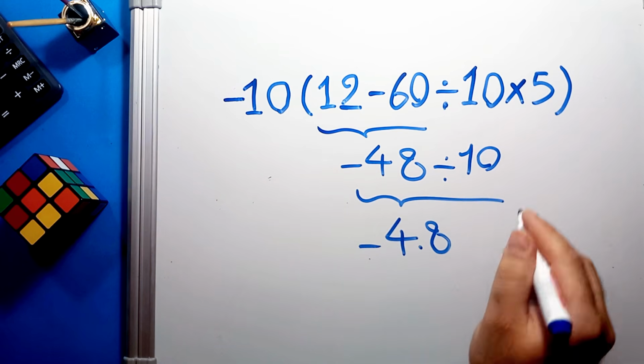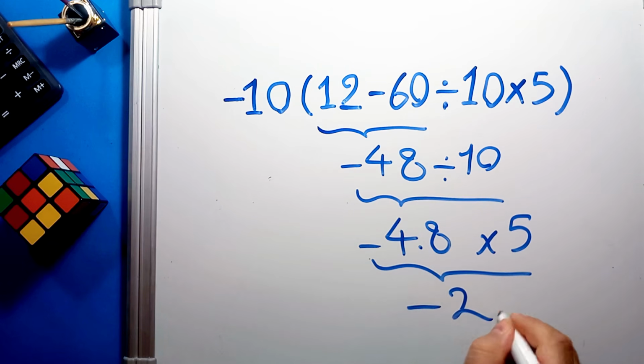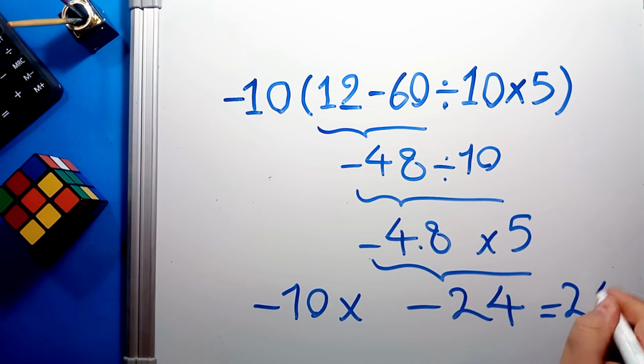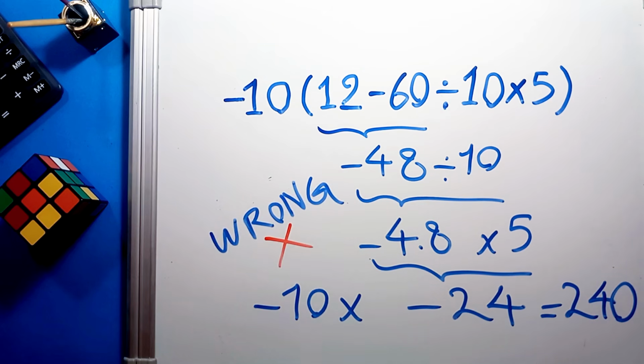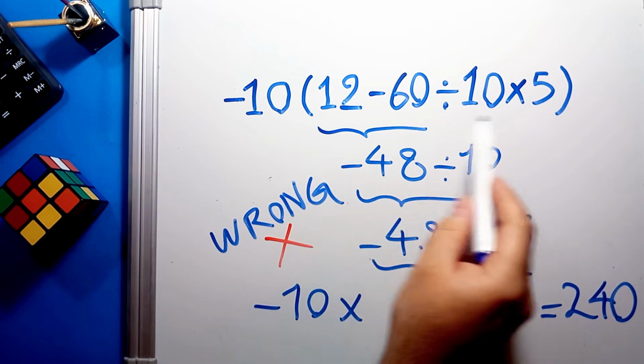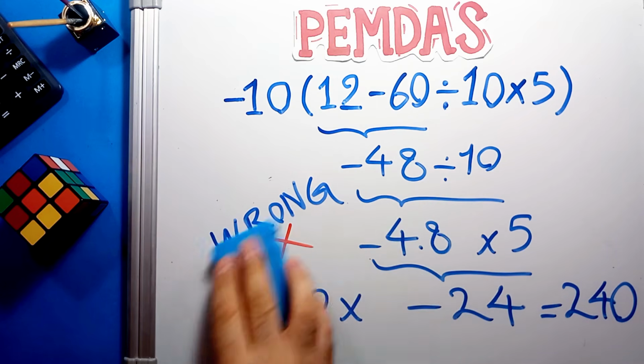Then, -4.8 times 5 equals -24. And finally, -10 times -24 equals 240, which is completely wrong. Why? Because the inside of the parentheses is an independent expression that still obeys PEMDAS.